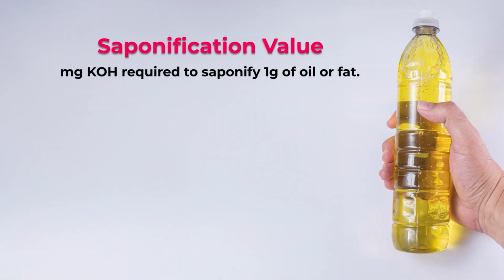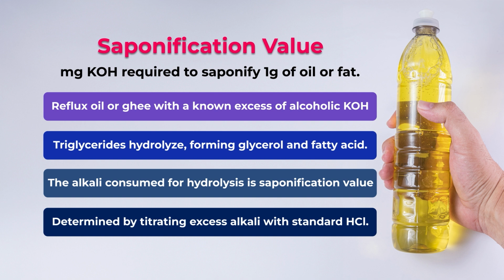So by knowing the saponification value, we can determine what type of oil and fat is there. How do we do this? It is nothing but the milligrams of KOH required to saponify 1 gram of oil or fat. We reflux the oil or ghee with excess alcoholic alkali. When we reflux oil or fat with KOH, that means we are saponifying.